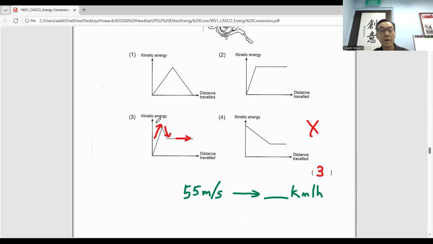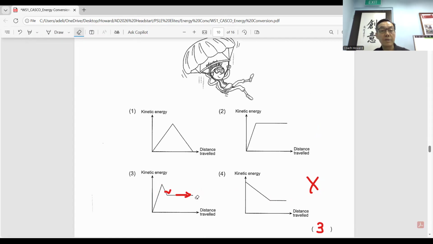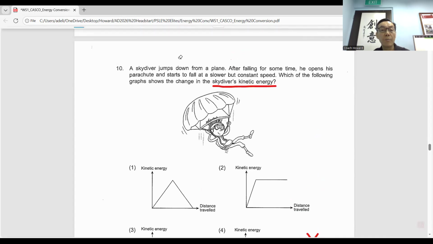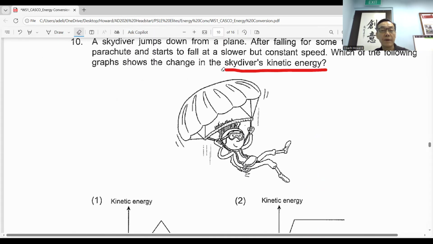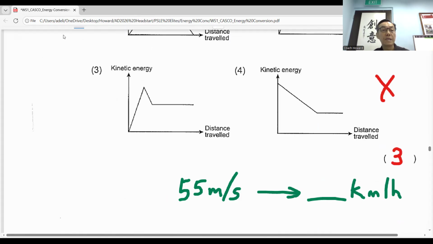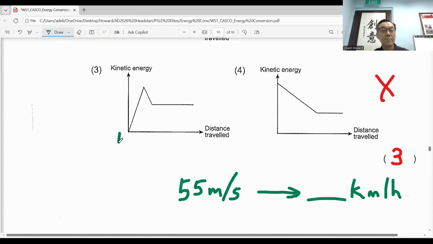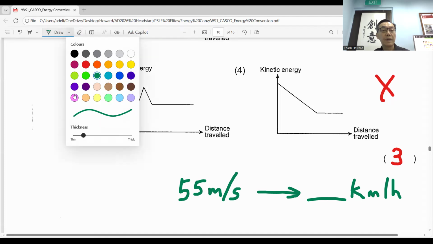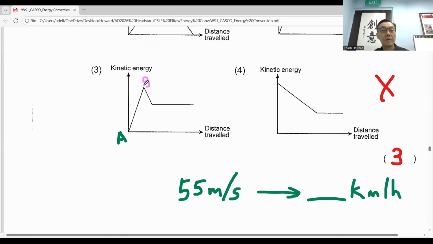So as he opens the parachute, sometimes this can be an open-ended question. They ask you at which point of the graph did the parachute open? So let's say if I extrapolate, for example, this is point A, point B, point C, point D. At which part of the graph was the parachute open?